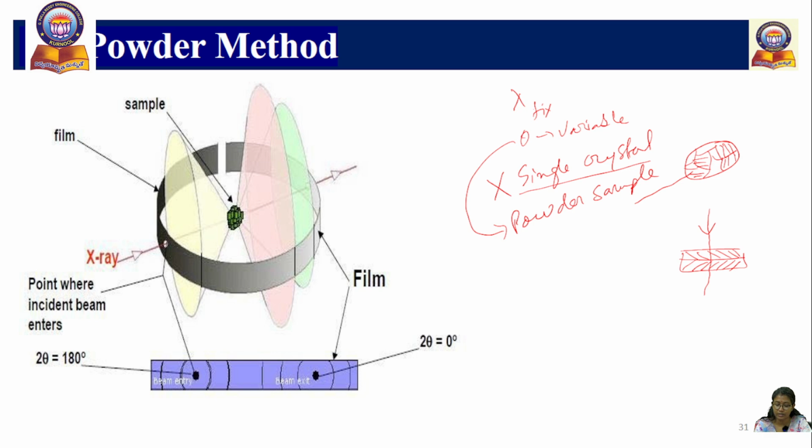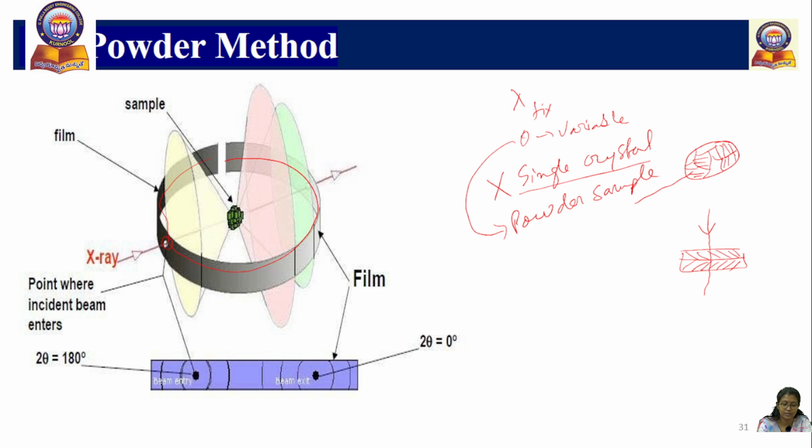The next important point is, how do we determine whether the X-ray has undergone constructive or destructive interference? We use a photographic film only, but we mount it cylindrically around the sample, like this. In that film there is a hole so that the X-ray can enter and hit the sample, and then come out through the exit hole.